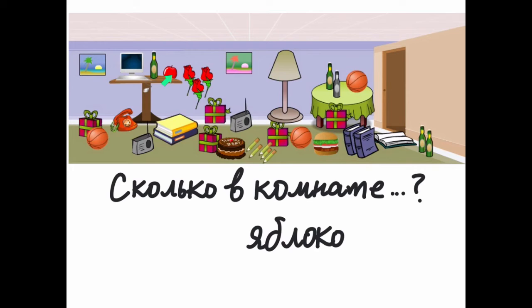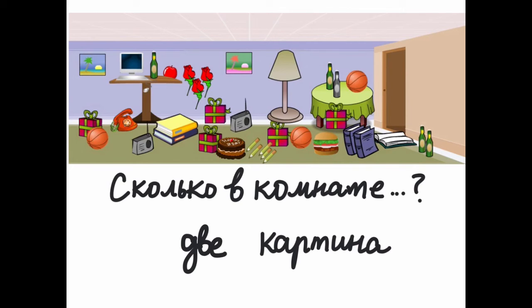Сколько в комнате яблок? Одно яблоко. Сколько в комнате картин? Две картины. Две, because it's feminine. Картины. 2, 3, 4 takes genitive singular.